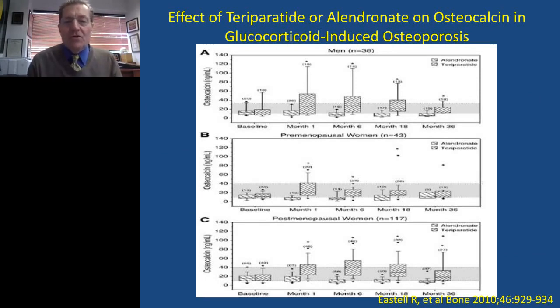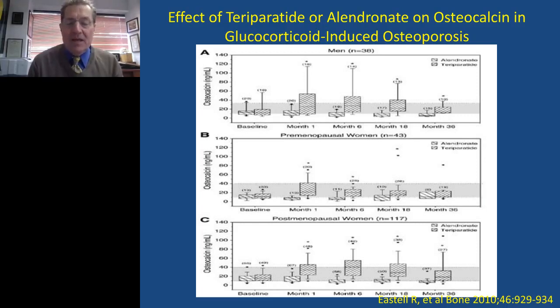Now, this is a little harder to read, and I apologize, but this also comes from Richard Estelle's group, looking at the changes in serum osteocalcin. Now, this is another osteoblast activity marker in the glucocorticoid data: the top panel, the premenopausal women, the middle panel, the postmenopausal women, and the bottom panel, the men, showing that even at month 1, as compared to alendronate, the osteocalcin goes up.